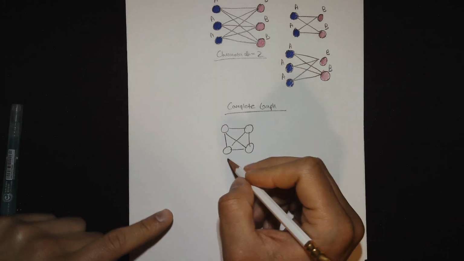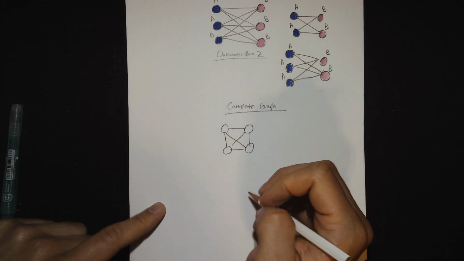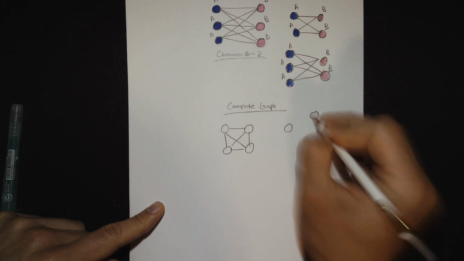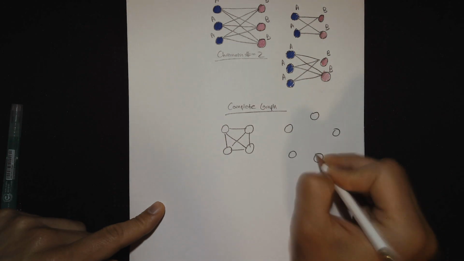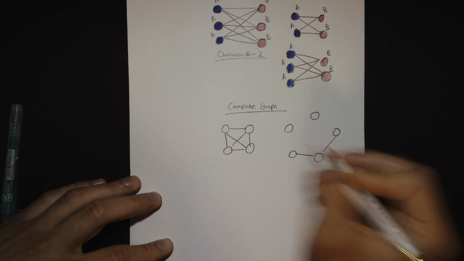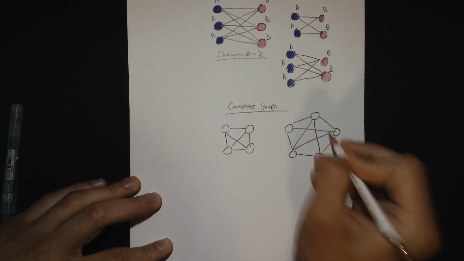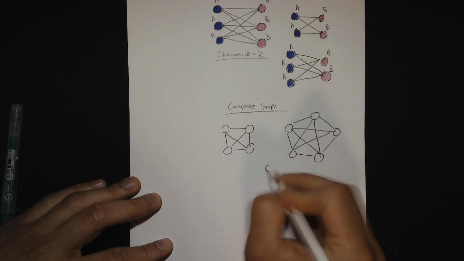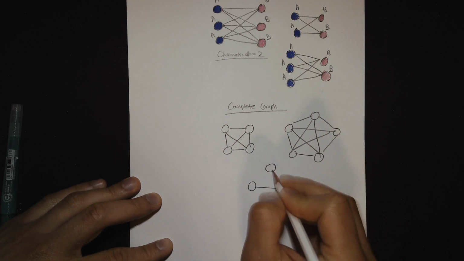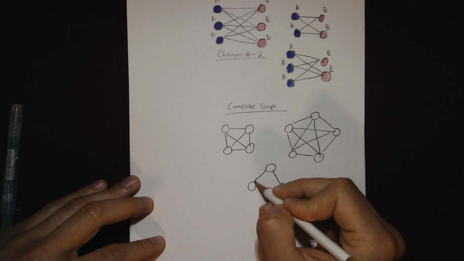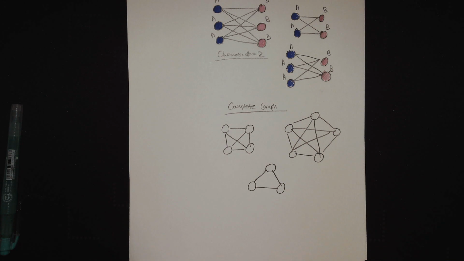So this is a complete graph on 4 vertices, and a complete graph on 5 vertices looks something like this, and on 3 vertices looks like this. Every vertex is connected directly to every other vertex via an edge.